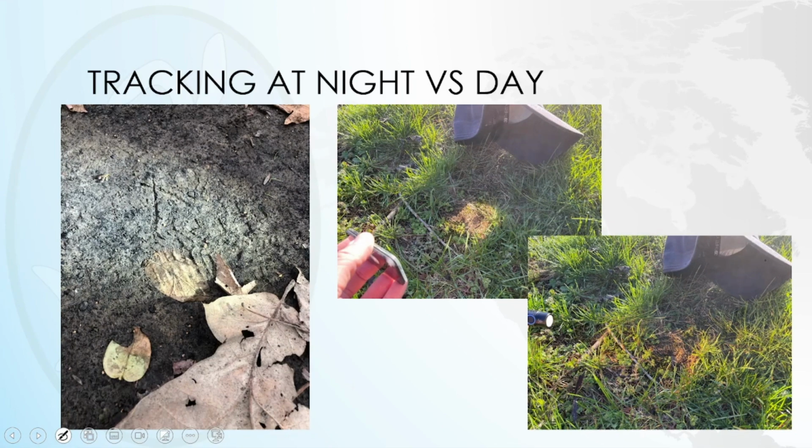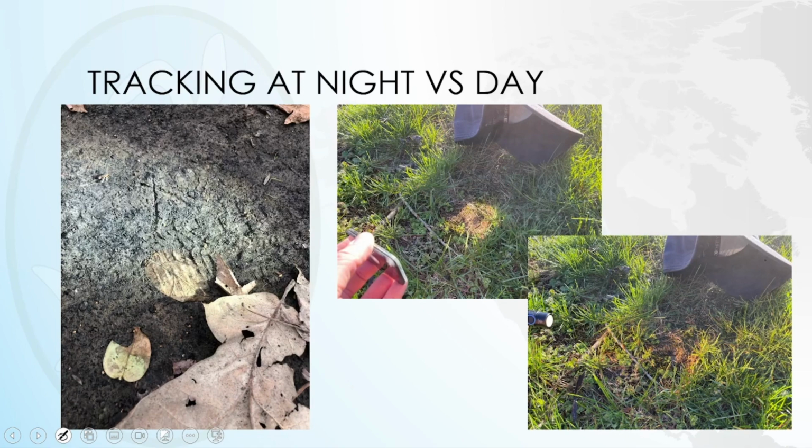A floodlight is more designed to light up the immediate area. As a tracker, that's what we prefer. We want something that's going to give just enough light so we can create and exaggerate these features on a track, but not so much that it's going to wash it out.